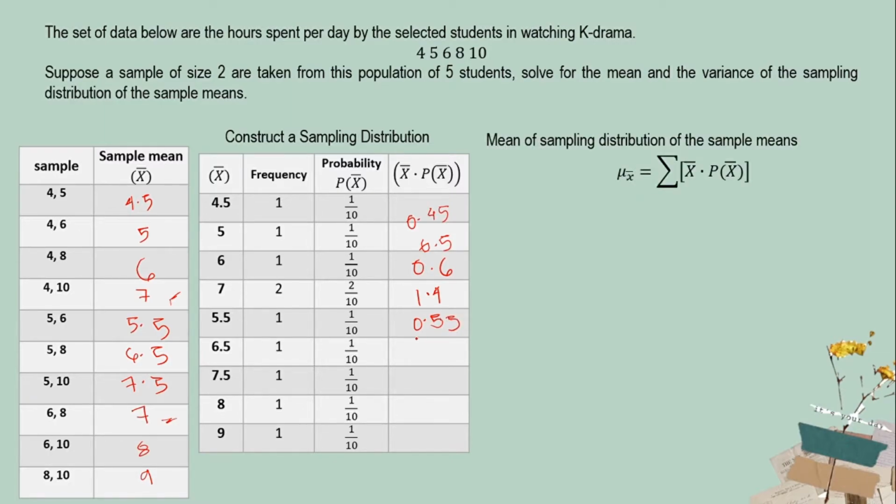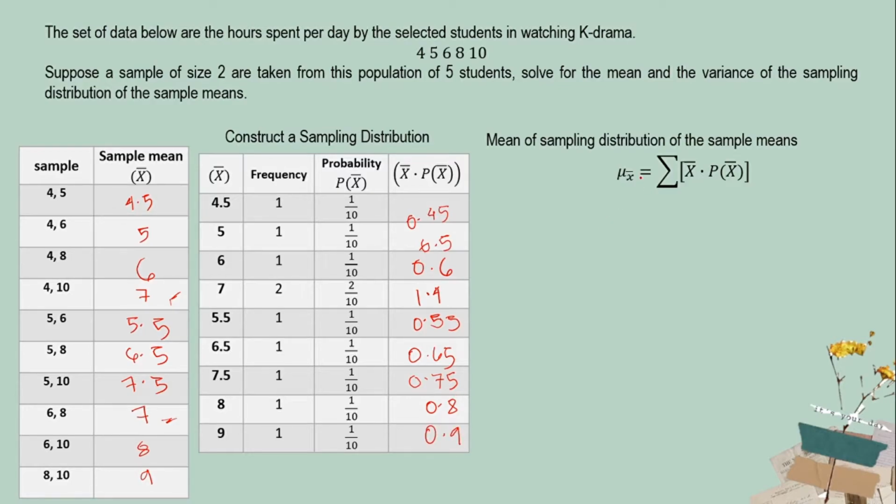And then 6.5 times 1 over 10 is 0.65. 7.5 times 1 over 10 is 0.75. Then 8 times 1 over 10 is 0.8. And lastly, 9 times 1 over 10 is 0.9.